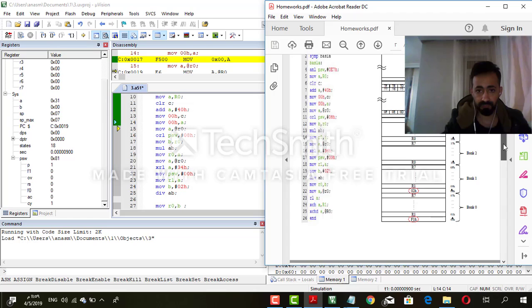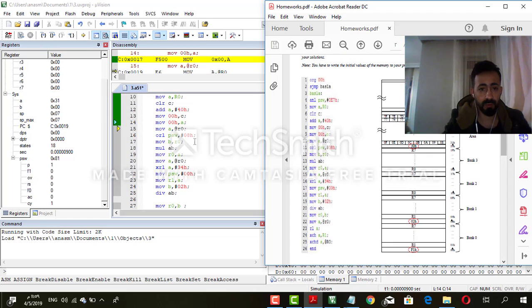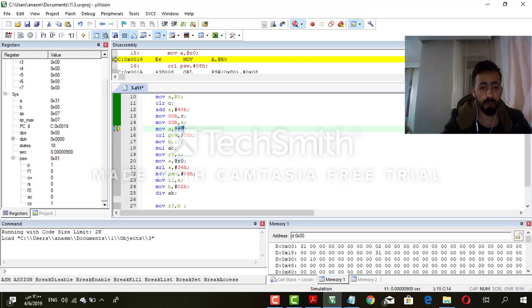And in the next step, we will move the value which is pointed to by R0 to the accumulator. So the value which is pointed to by R0, where is it?